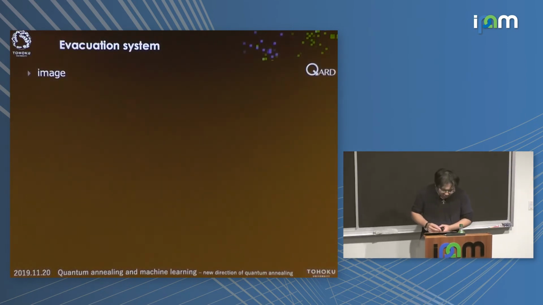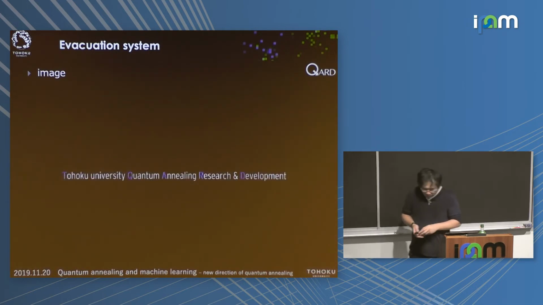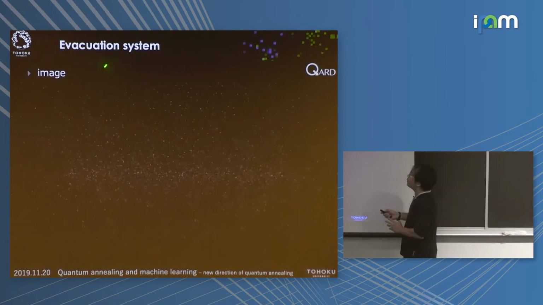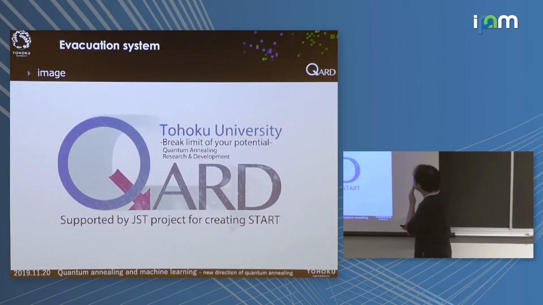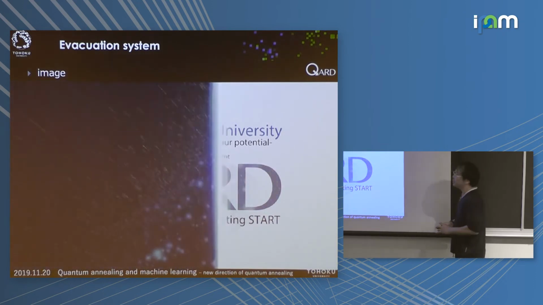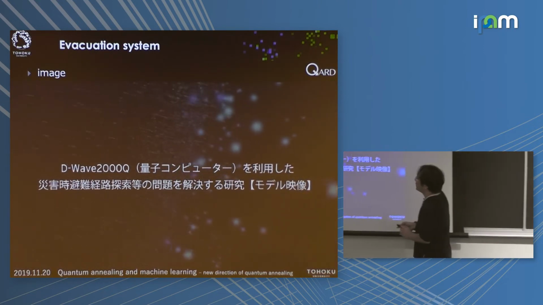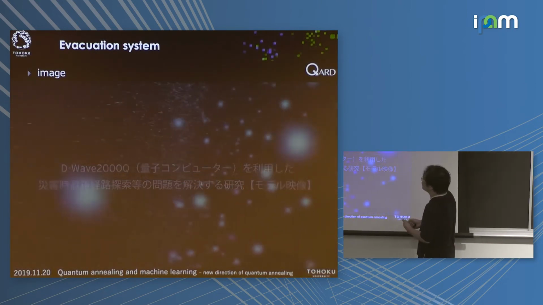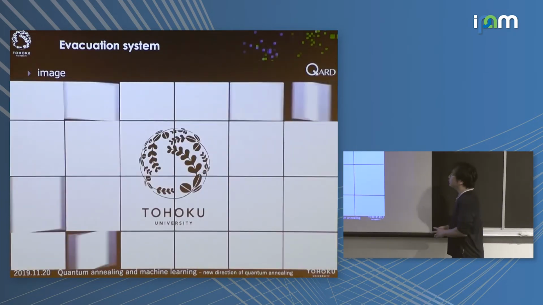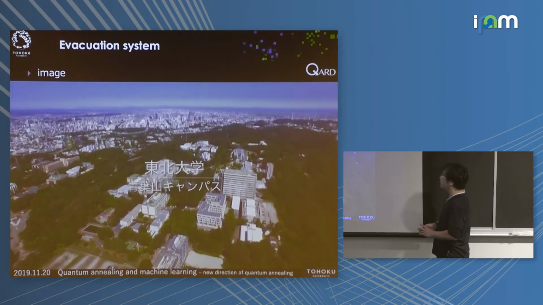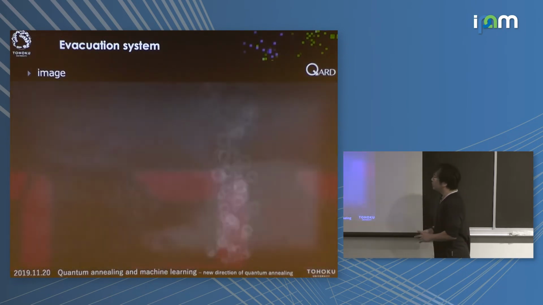And this is done by Tohoku University. We also consider good systems for evacuation from disasters. Yes, and this is a movie created by myself. Sorry, it's in Japanese, but we use the D-Wave 2000Q for solving an optimization problem for tsunami evacuations. Tohoku University encountered the big earthquake of 2011.